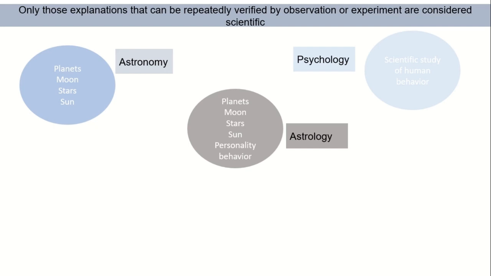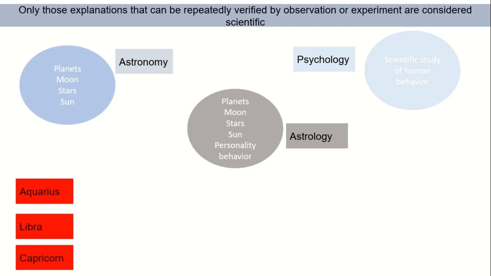The explanations of astronomy and psychology are experimentally tested, but astrology is not scientific, because when was the last time you heard about astrologers carrying out a controlled experiment before they made their predictions? When you read newspapers or magazines, you will see things like, Aquarius should marry a Libra, but not a Capricorn. Where is the experimental evidence for that?